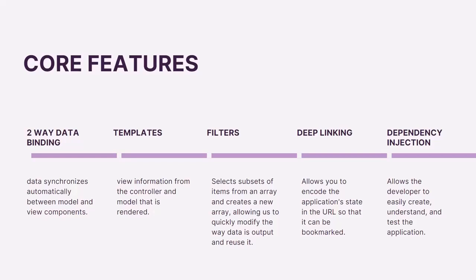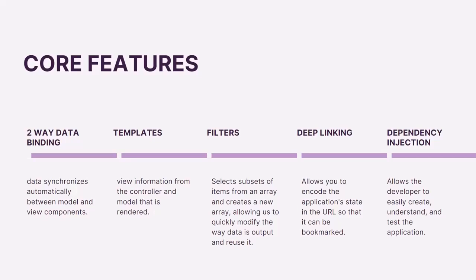This allows us to quickly modify the way data is output and reuse it. Next one is deep linking, which allows you to encode the application state in the URL so that it can be bookmarked. And the next one is dependency injection, which allows the developers to easily create, understand, and test the application.